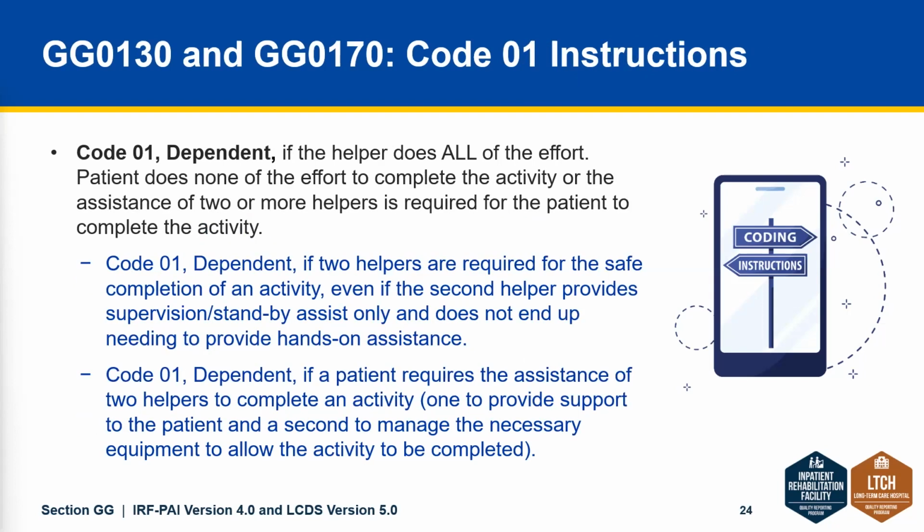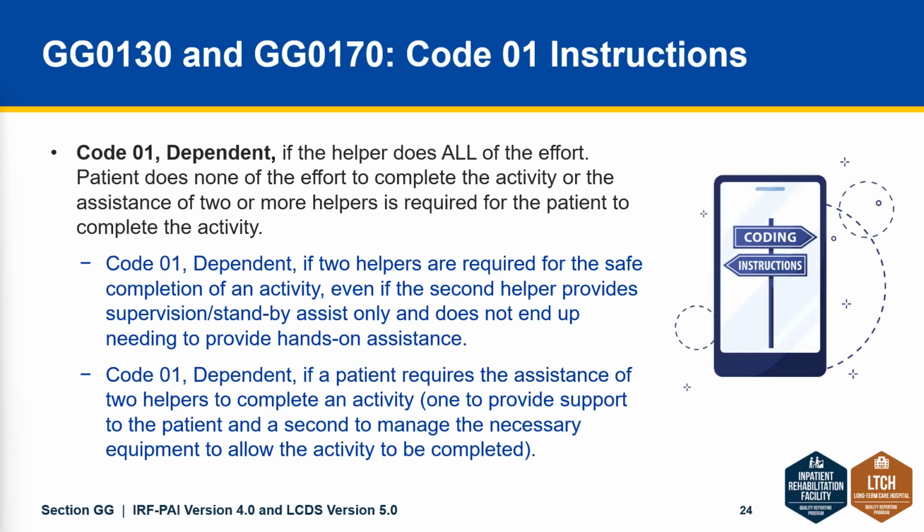Code 01 dependent has two new coding instruction updates to clarify when code 01 is indicated. Code 01 is indicated if when an activity is completed, the helper is performing all of the effort. It's also indicated if two or more helpers are required for the patient to complete the activity.